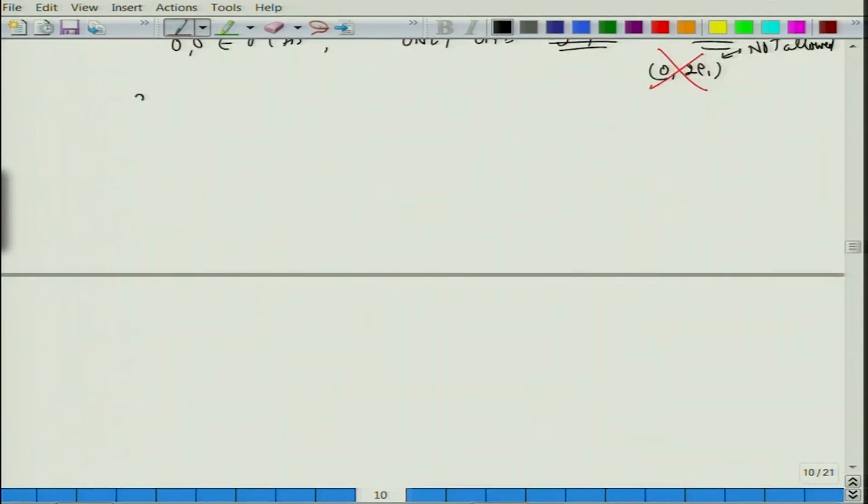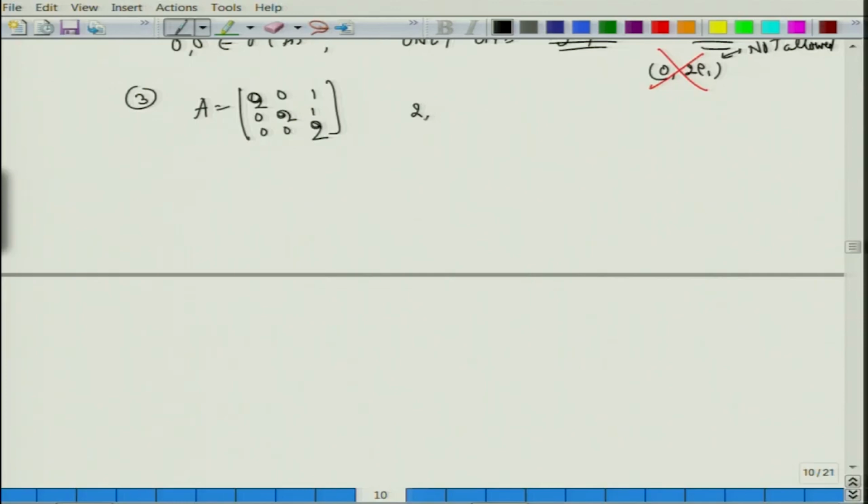Example 3. Fine. You can look at A as 0 0 0 1 0 0 1 0 0 0. Look at this. Or in place of this, just let me put 2 here, 2 here, and 2 here.